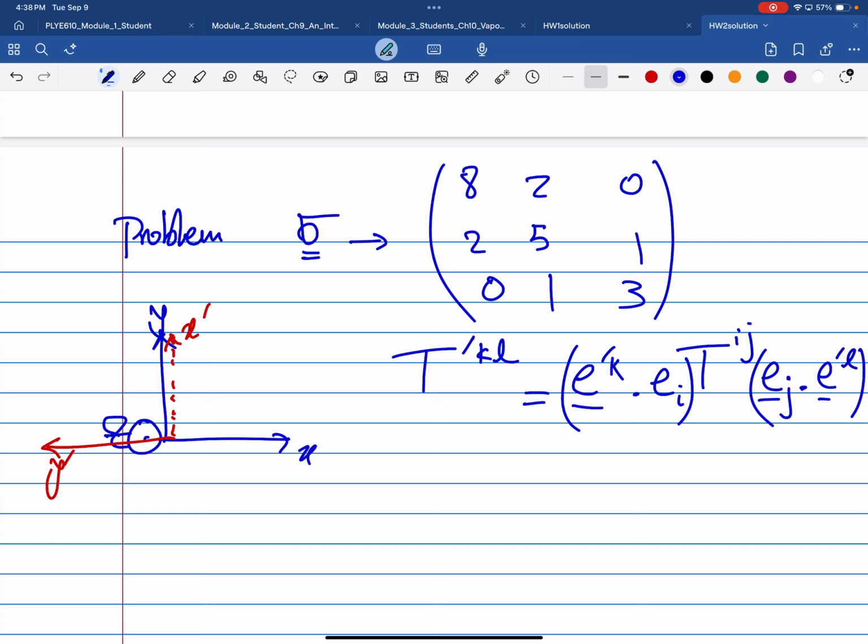What are the E prime K and E prime L? These are the reciprocal basis of the transformed coordinates. Reciprocal basis of the prime notation. That's it. So now we are going to do the easy part. Okay, so let me see. I wrote it somewhere. Okay.